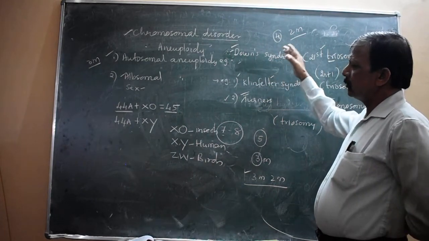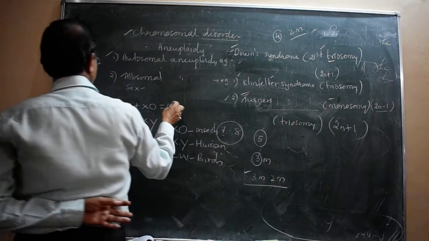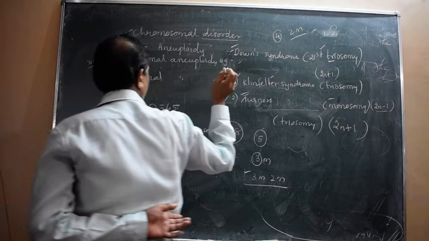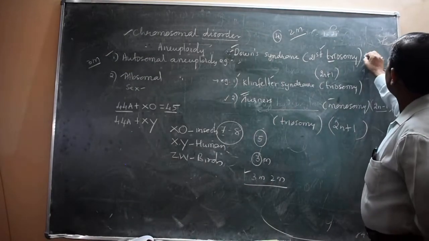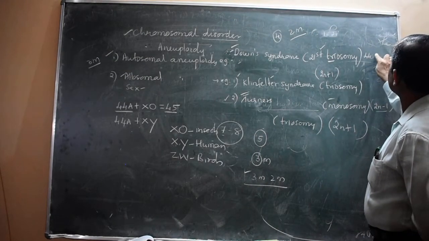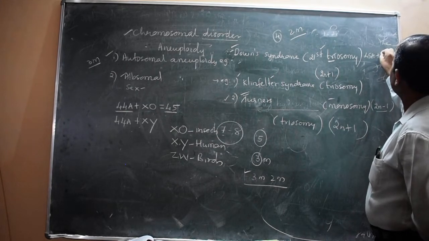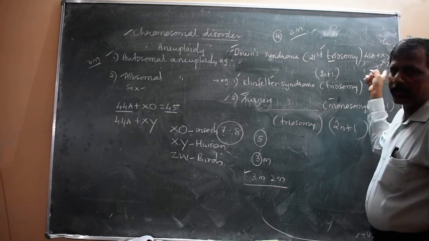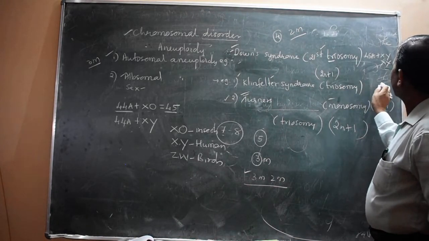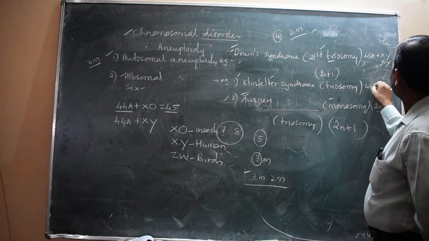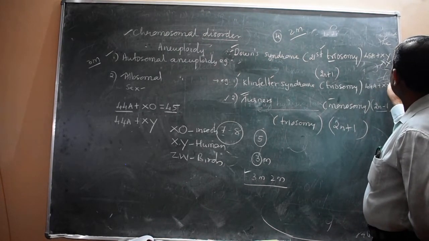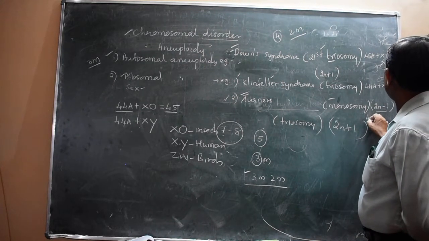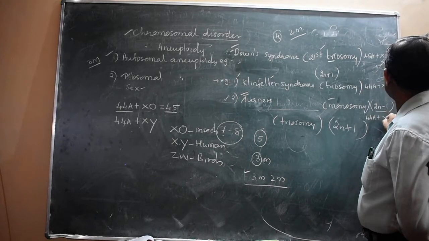At the same time, in a 1 mark question, you also have to know the karyotype of Down syndrome. What is the Down syndrome karyotype? It is 45A plus XY or XX, so one is a male and another is a female. Then Klinefelter syndrome is 44A plus XXY. And in Turner syndrome it is 44A plus X0.